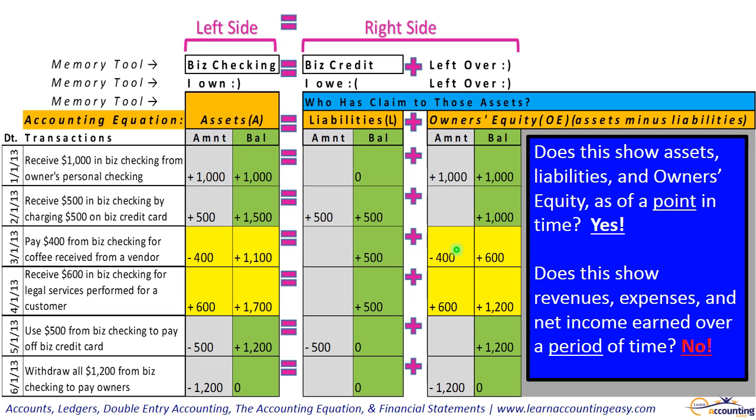So we can see that the 400 is an expense here. But if we didn't have these descriptions, we wouldn't be able to just look at this owner's equity account balance running total here and say this one is revenue, this one is an expense. So we really couldn't provide that information that we need to be able to provide. So what we're going to do is modify the accounting equation framework here a little bit so that we can easily see that information.